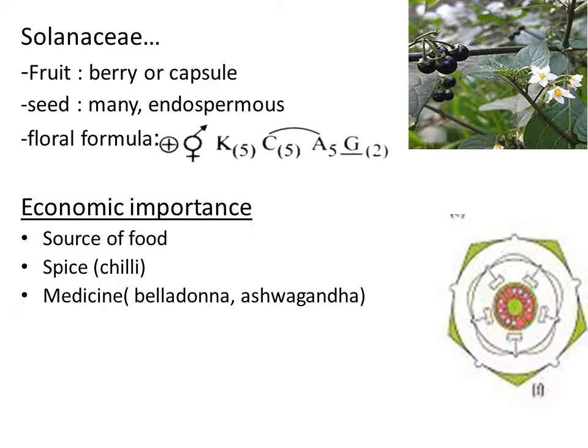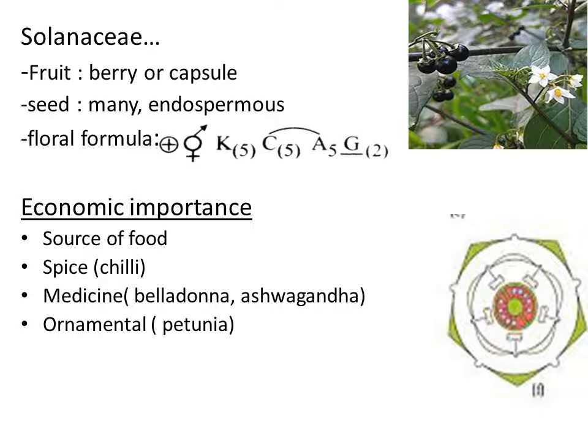The best examples are belladonna and ashwagandha. They are the medicinal plants of the Solanaceae family. Then some are ornamental. Some are very showy, so they are grown as ornamental plants. The best example is petunia. So these are the economic importances of Solanaceae plants.